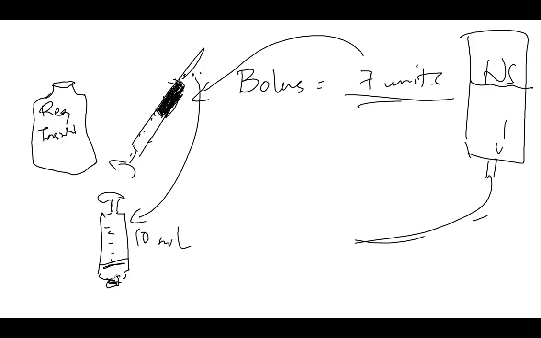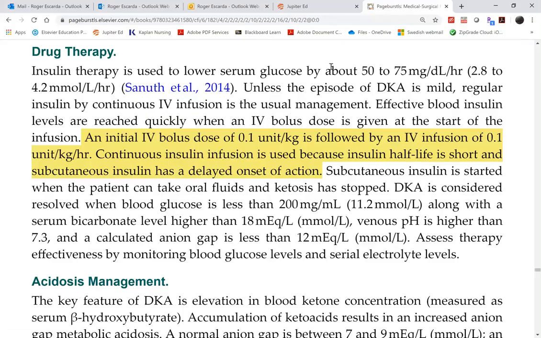This tip here is sterile, so you add it here. Now you have 7 units in 10 ml of normal saline. Now this is Luer lock, so now you can push this. That's how you administer your insulin bolus. So you just gave your intravenous. Now comes the continuous infusion.